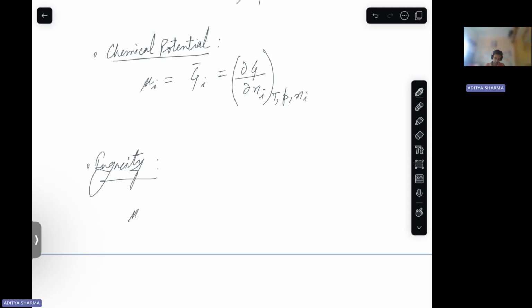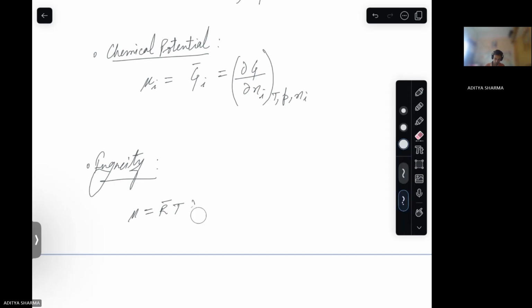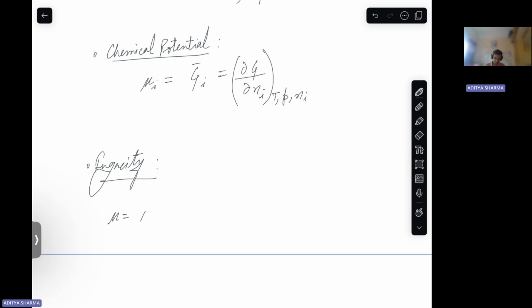First of all, I'll write one expression of chemical potential using fugacity. Here f is the fugacity and this is the chemical potential. So this is the relation between chemical potential and fugacity.